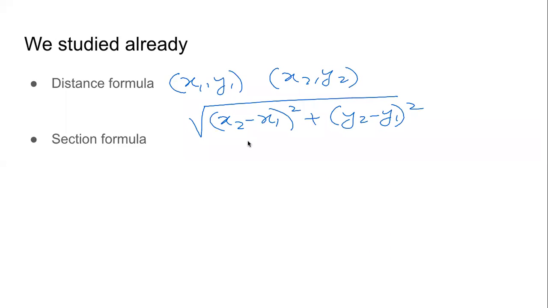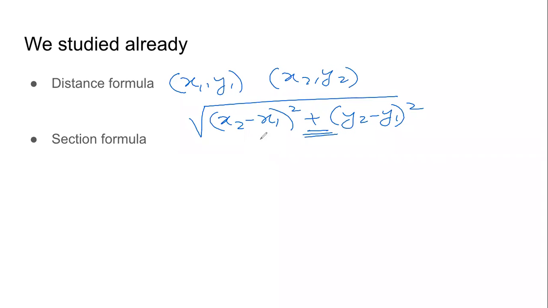Remember, here we said that we can change the order of x2 and x1. So instead of writing x2 minus x1, we can also write x1 minus x2. And instead of writing y2 minus y1, we can also write y1 minus y2. Also, we can change the order of the entire term. So we can write first y2 minus y1, and then x2 minus x1, because the operation between the two terms is addition, and in addition the order of the operands does not make a difference.